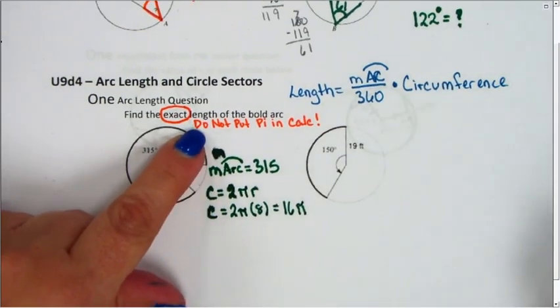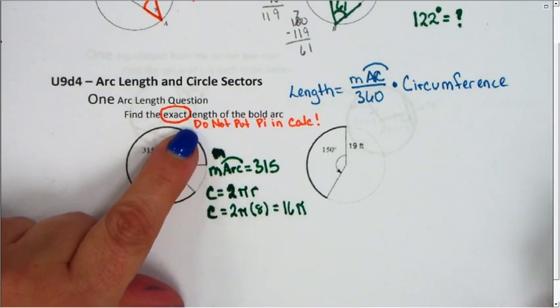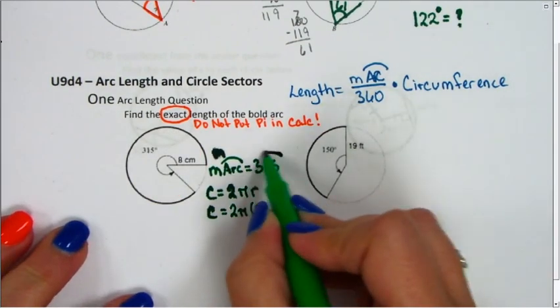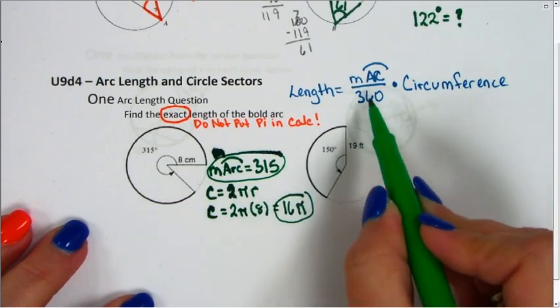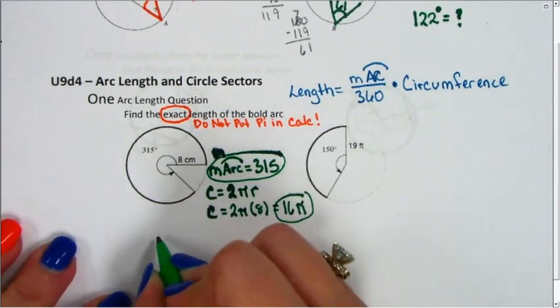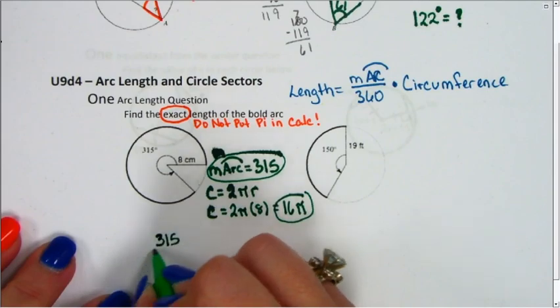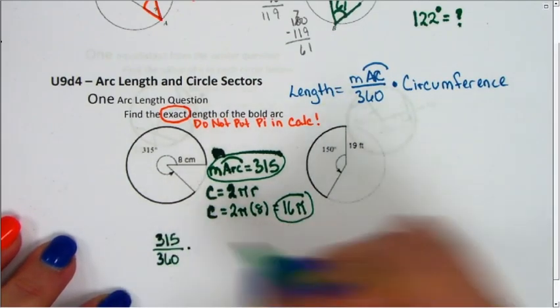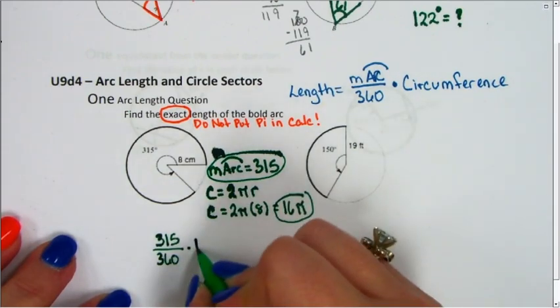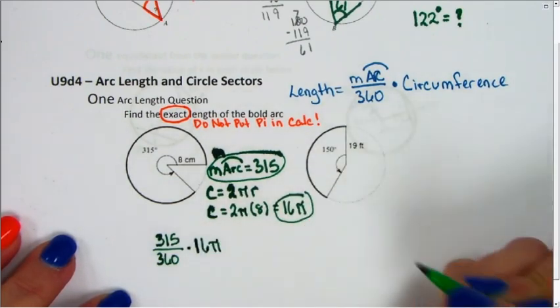Remember, we are not going to put pi in the calculator. It will be part of our answer. Okay, so now that I have the measure of my arc and I have my circumference, I can put it in my formula. It's going to be 315 over 360 times my circumference, 16 pi.